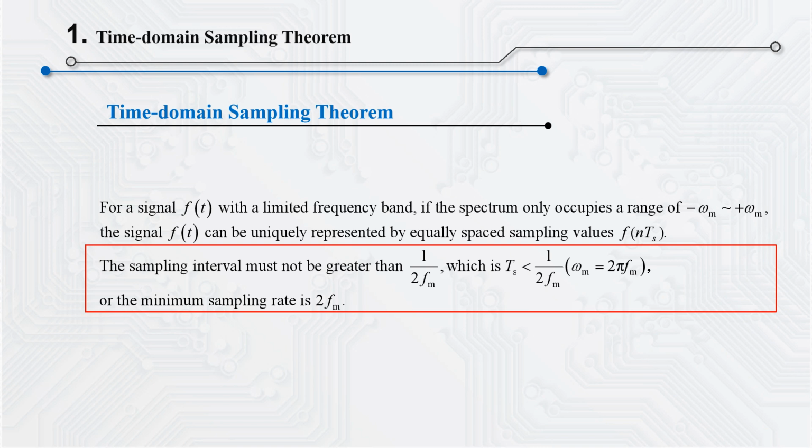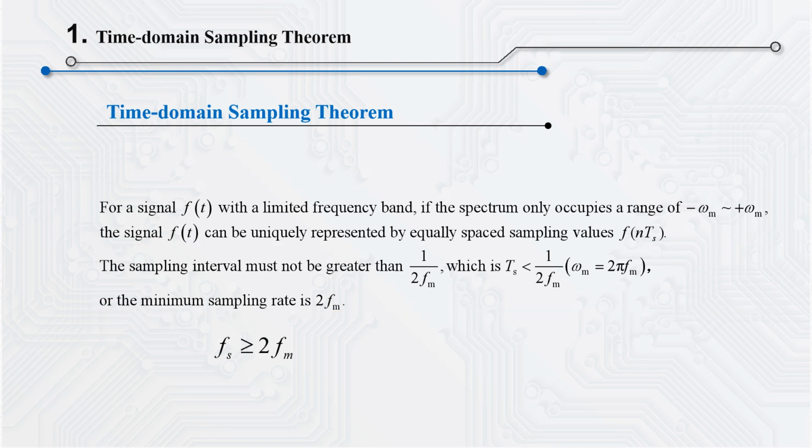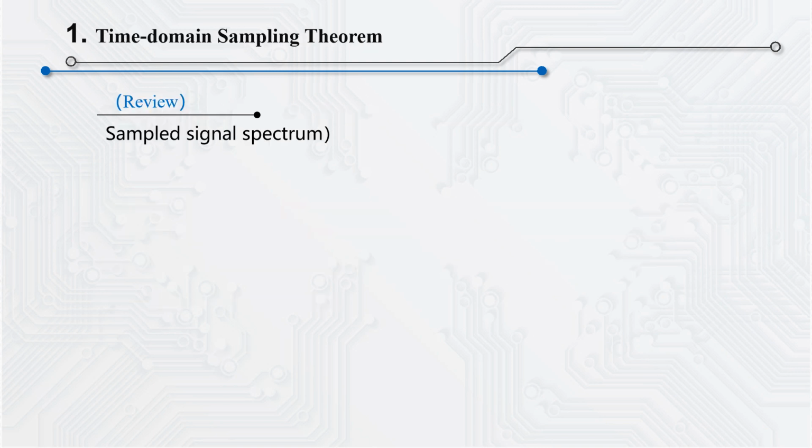The sampling interval must be less than 1/2fm, which means that its time sampling interval Ts is less than 1/2fm, or the lowest sampling frequency is 2fm. That is to say, its sampling frequency is greater than or equal to 2fm. This is the basic content of the time domain sampling theorem.